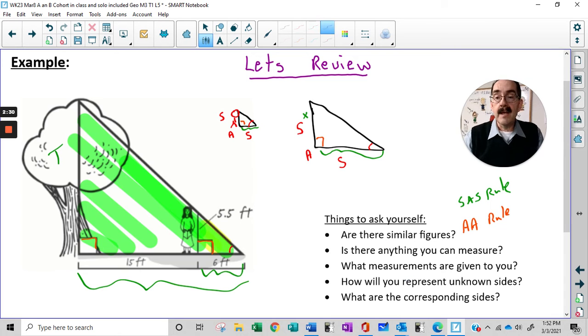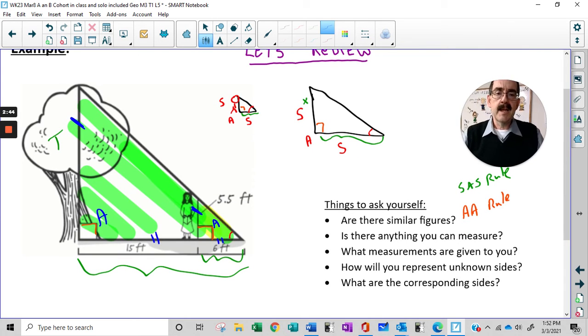That's where we got into hash marks, the angle, and then two hash marks. And then we started setting them up, and we decided whether we were going to go left, right, up, down. All those different ways worked.